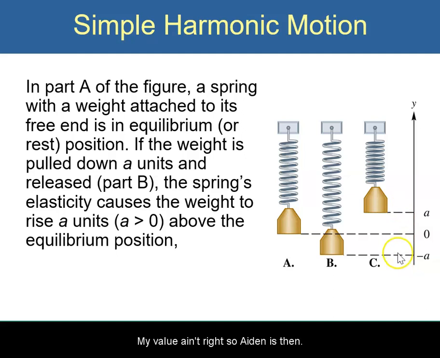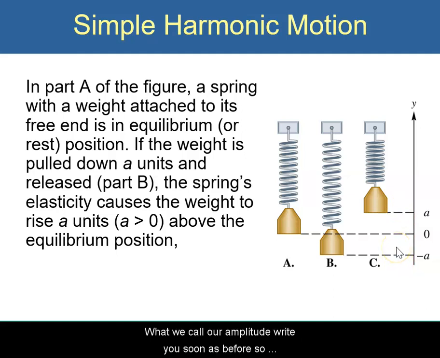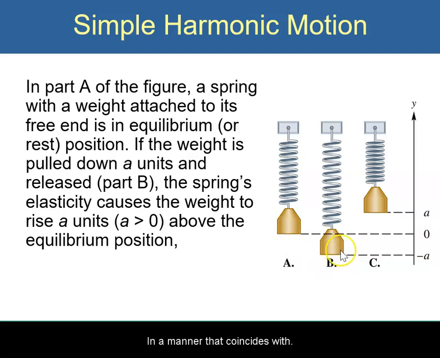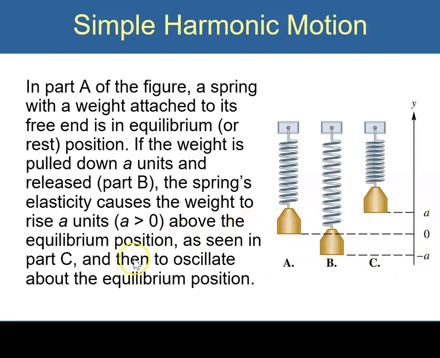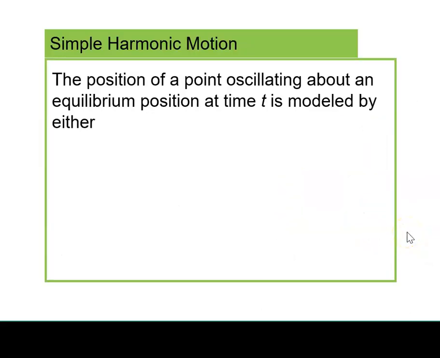So A then is what we call our amplitude, right? We've seen this before. So the amplitude will be A, and it will start to oscillate in a manner that coincides with what we could call a sine wave or a cosine wave, right? It'll start an oscillation. So, as part C, it'll oscillate about the equilibrium position of 0, okay?